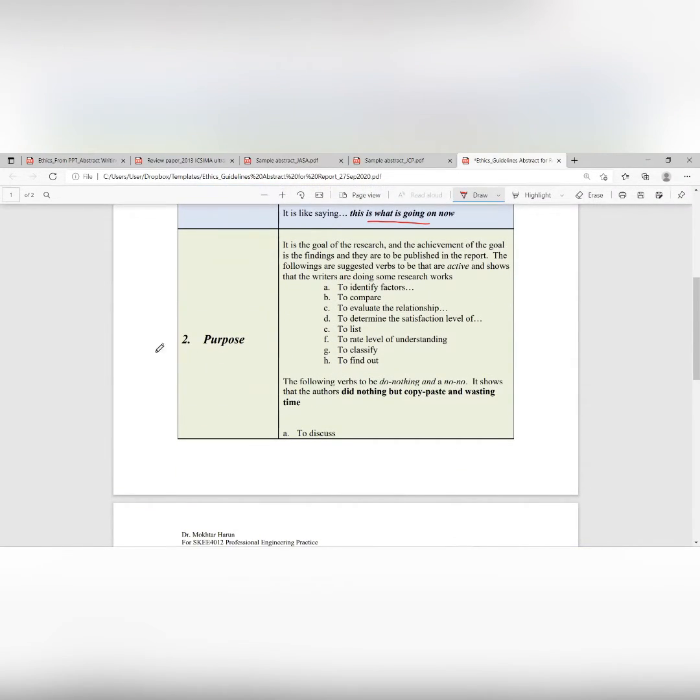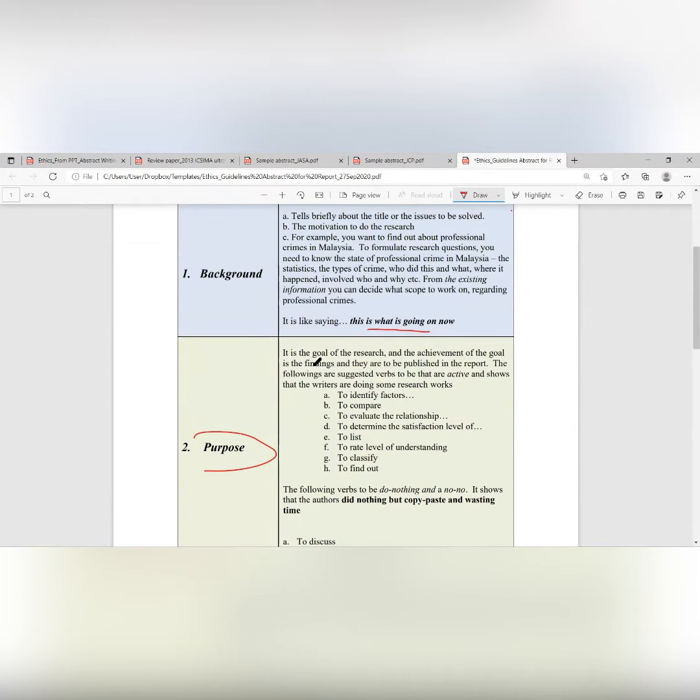The second one is a purpose. So the purpose normally would be one sentence. Will be one sentence explanation in the abstract. So it should be something that show the readers that we have done the work.